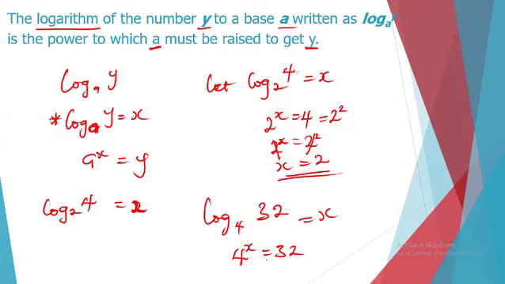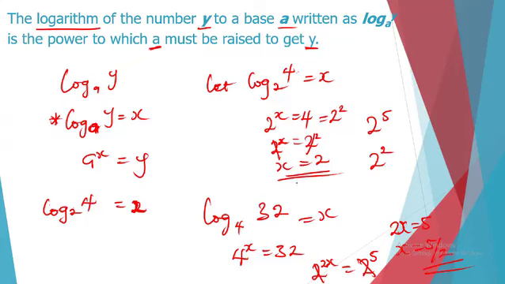And 32 is 2 raised to power 5, while 4 is equal to 2 raised to power 2. Is that correct? So we say that 2 raised to power 2x is equal to 2 raised to power 5. This will cancel this. 2x is equal to 5. x is equal to 5 over 2.